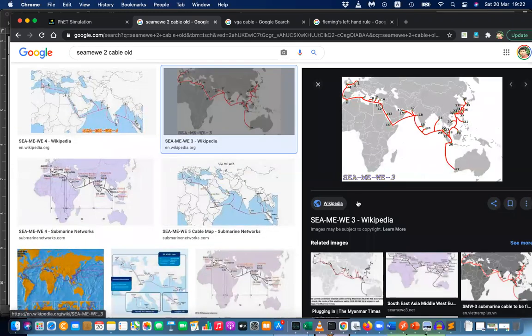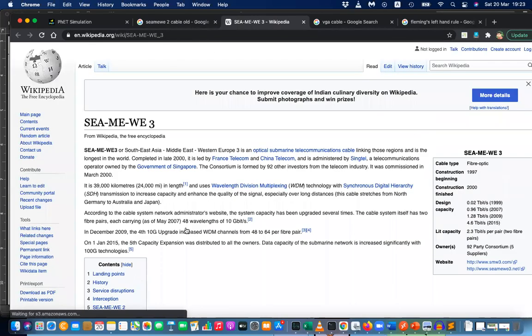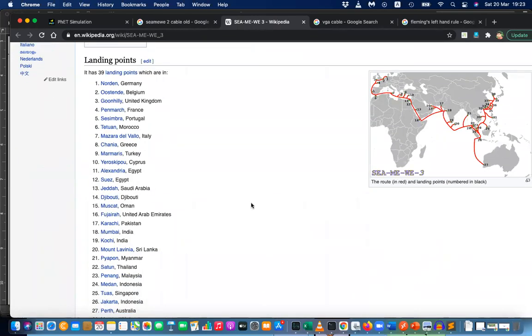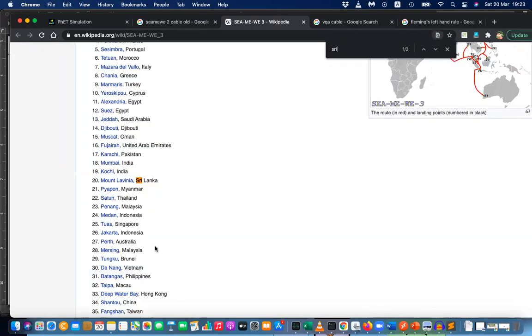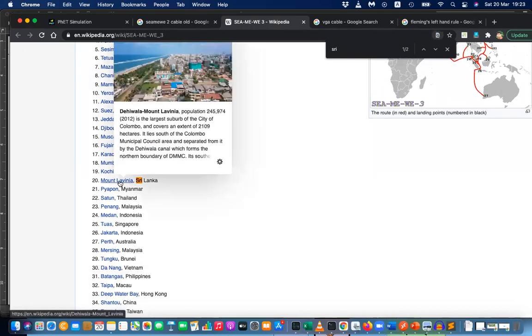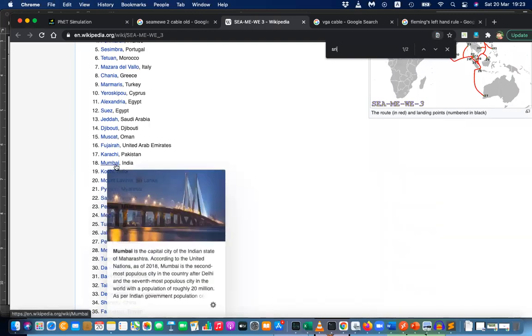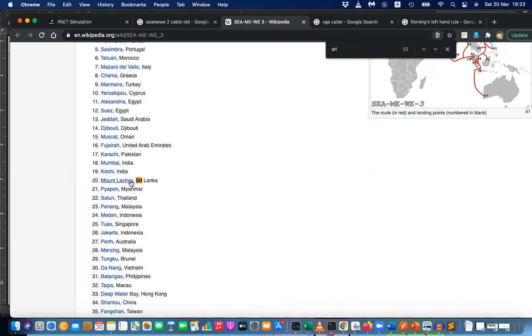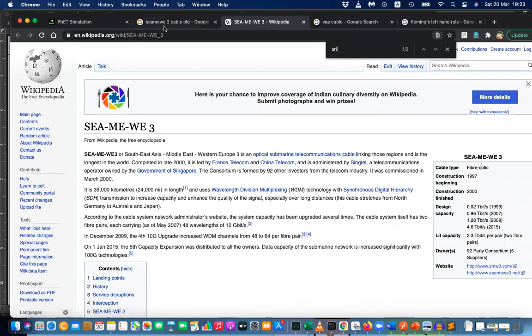This is CMEV3. It seems it's connected to Colombo, right? In this image you can see it's connected to Colombo, but in the CMEV5 cable, the new version, in Sri Lanka it's Mount Lavinia, you can see here. The point is Mount Lavinia in Sri Lanka, Posh in India, Mumbai in India, Karachi in Pakistan.